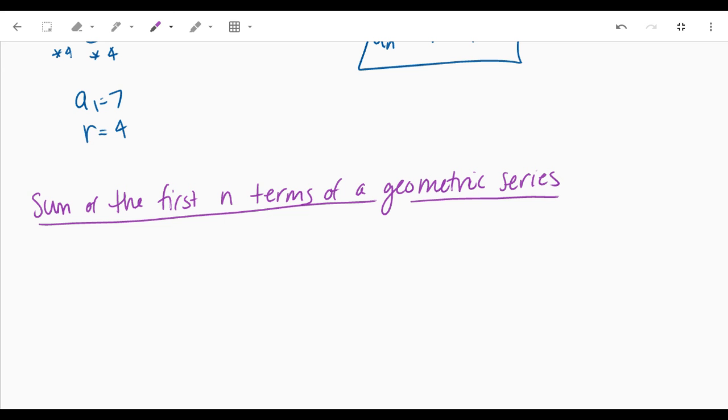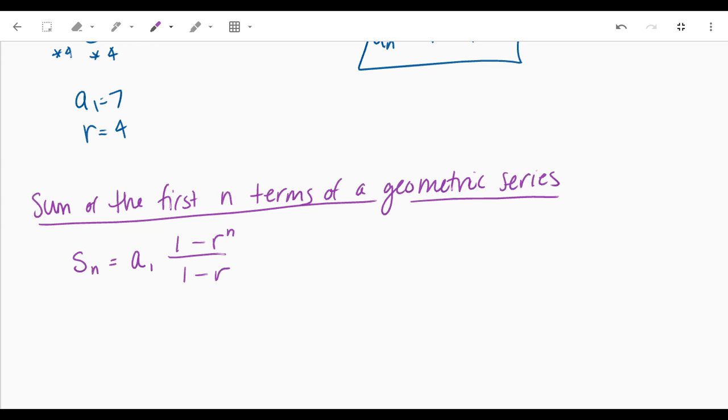Okay. Just like with arithmetic, there's a rule for this. It is the first term times 1 minus r to the n over 1 minus r. Okay.